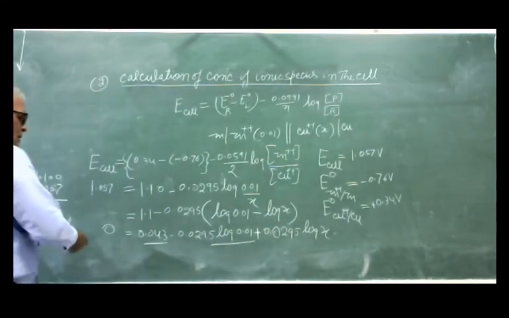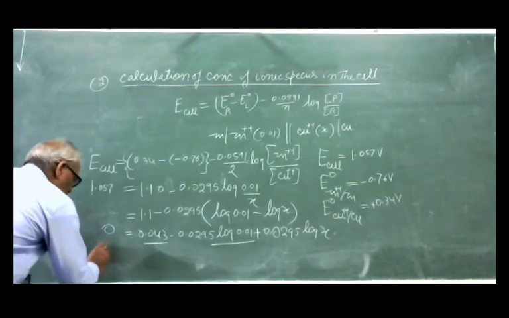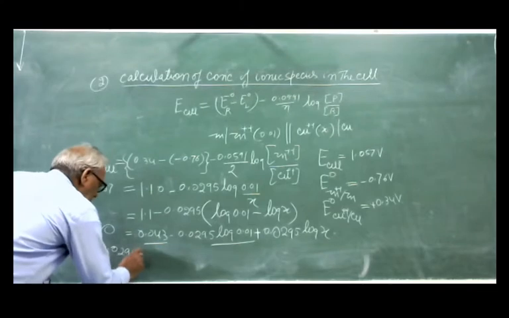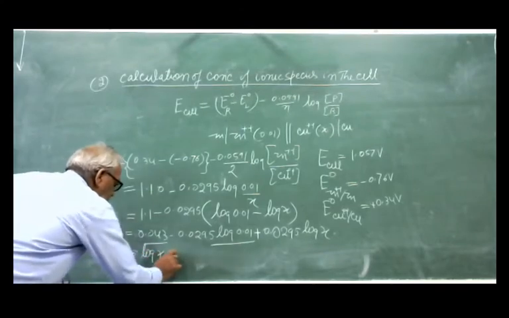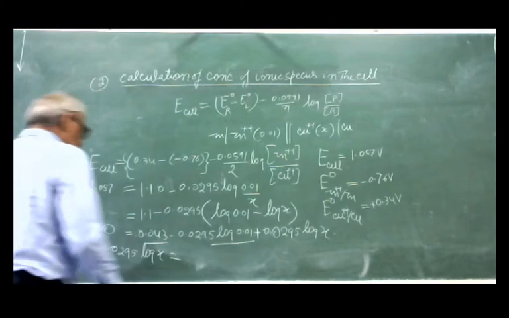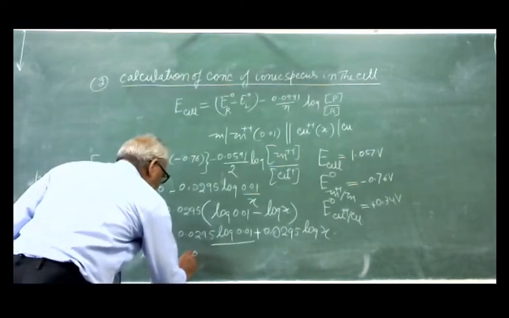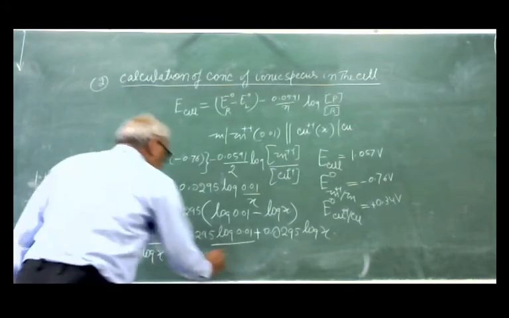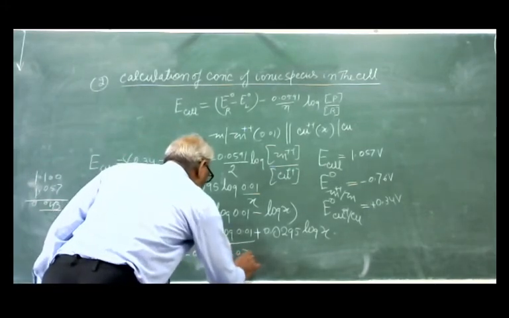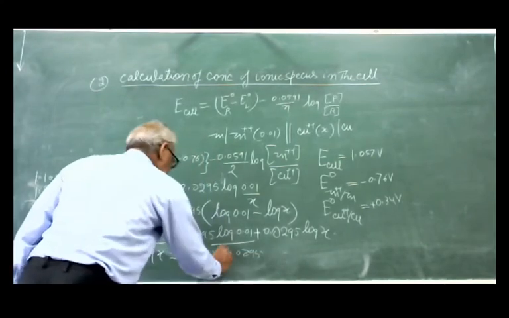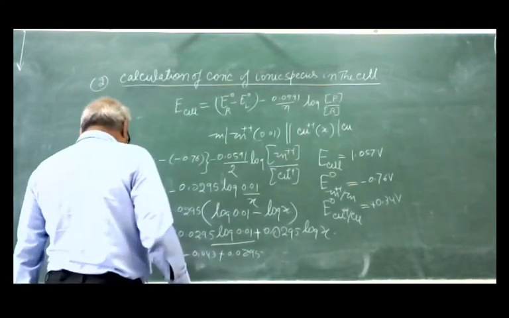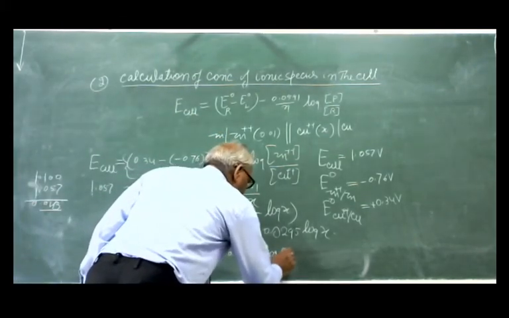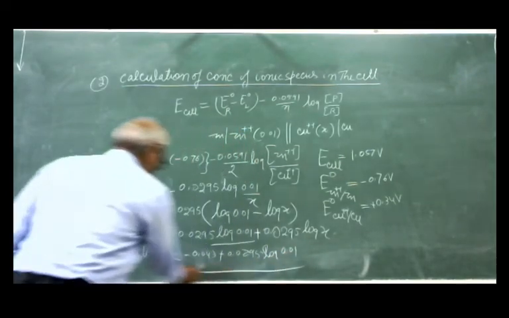So you can say 0.0295 log X is equal to minus 0.043 minus 0.0295 log 0.01.